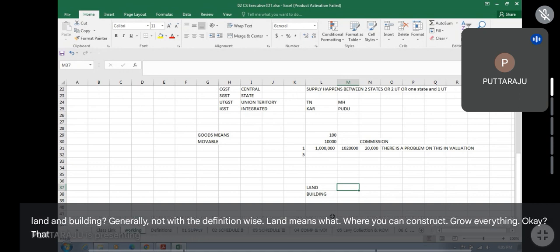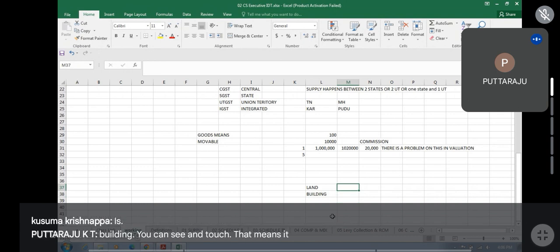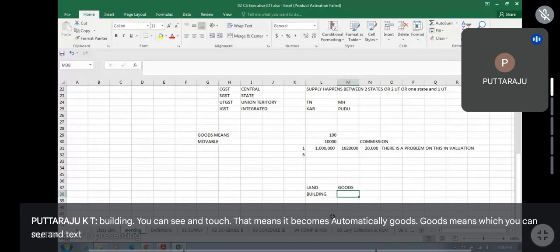That is land, which you can see and touch. Building you can see and touch. That means it becomes automatically goods. Goods means which you can see and touch. Service you cannot see and touch. Yes or no?